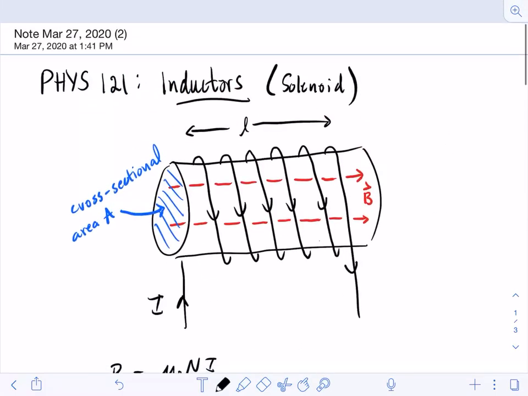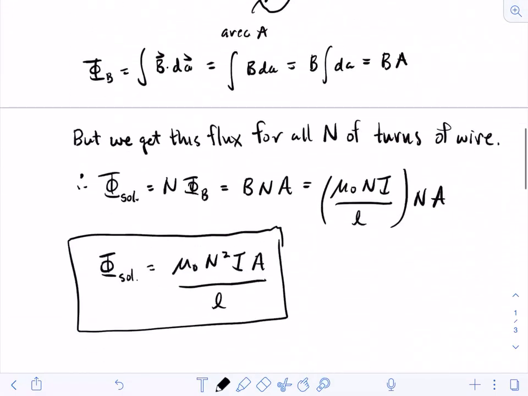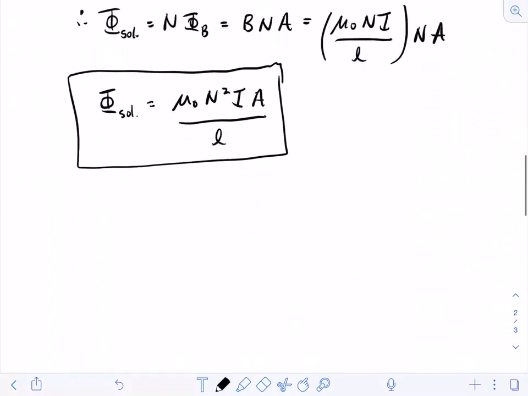Okay, so that's fine. So far, that's kind of everything that we know about a solenoid. And so we can ask the following question. What is the voltage delta V_L across the solenoid?